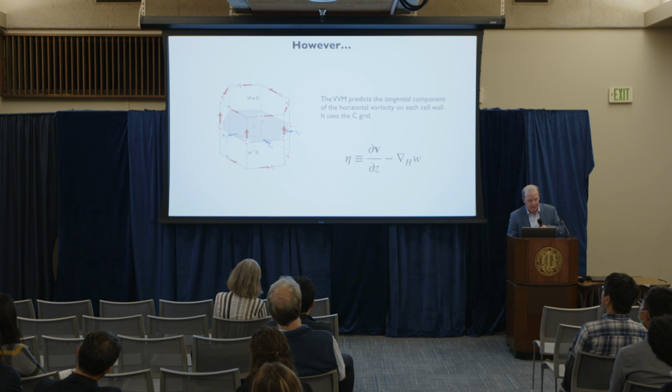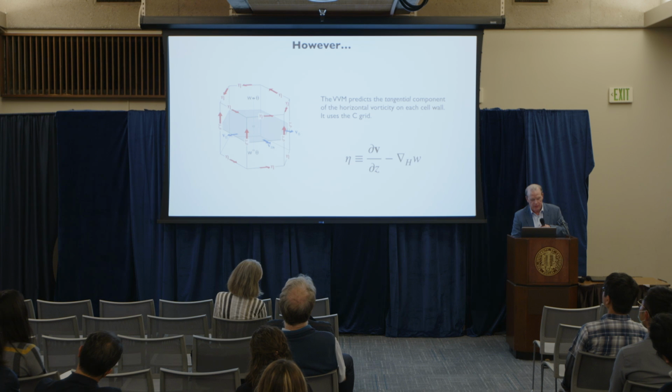And eta, the horizontal vorticity vector, or the tangential component of it, lives above and below the wind. So remember, this is horizontal vorticity, it's doing that. So this outward normal here, you can think of as being associated with the swirling motion around this eta.